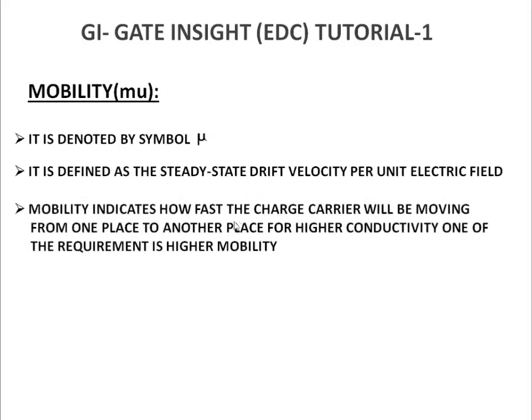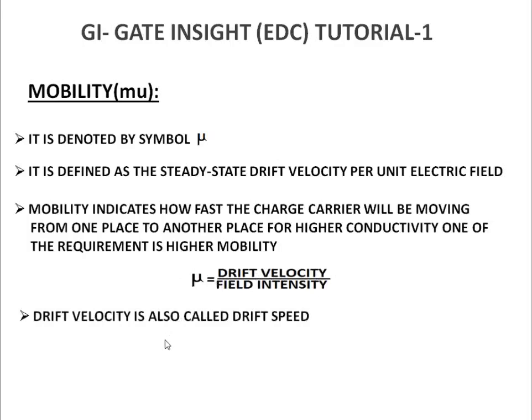The mobility indicates how fast the charge carriers will be moving from one place to another. For high conductivity, one of the requirements is high mobility. So mobility indicates how far the charge carrier is moving, and if you want high conductivity, then mobility must be higher. And mu is equal to drift velocity divided by field intensity. Drift velocity is also called drift speed.